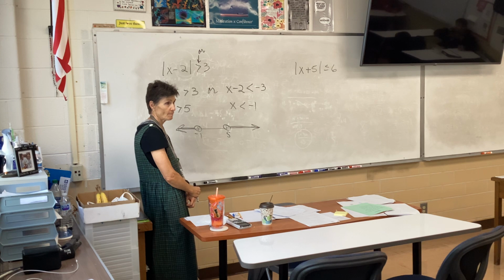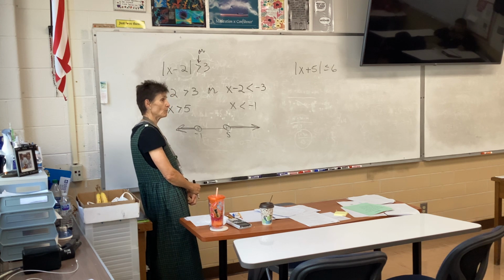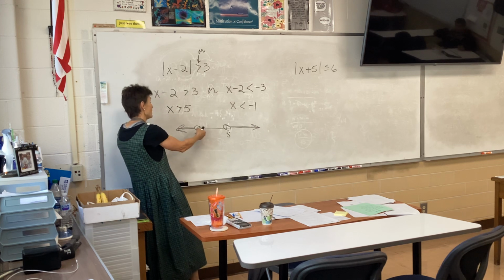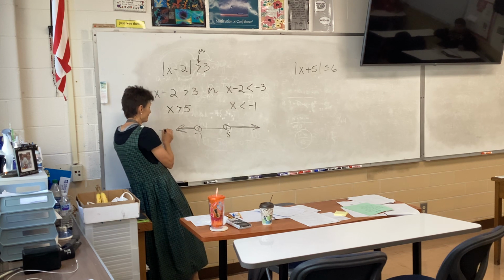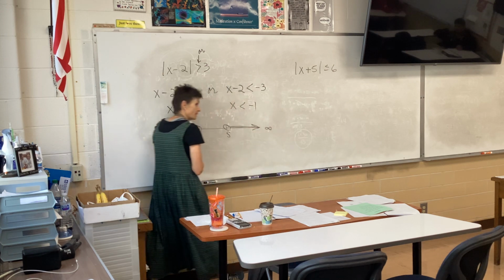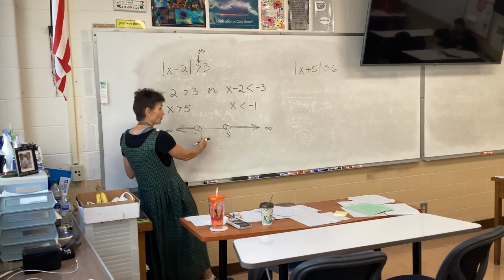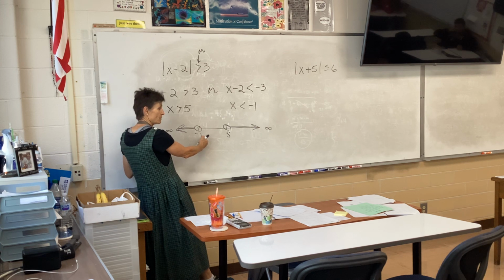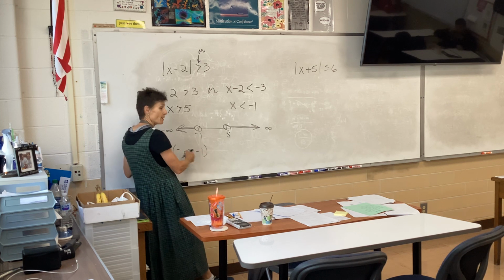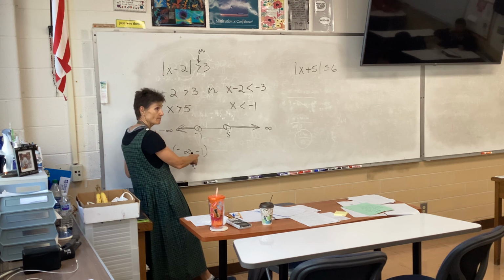You okay so far? Now we're gonna write our answer in interval notation. So remember, this side of the number line is negative infinity, and this side of the number line is positive infinity. So what interval would this be? Using your parentheses or brackets, what interval would this be? Negative infinity, comma, -1, and they're both parentheses?